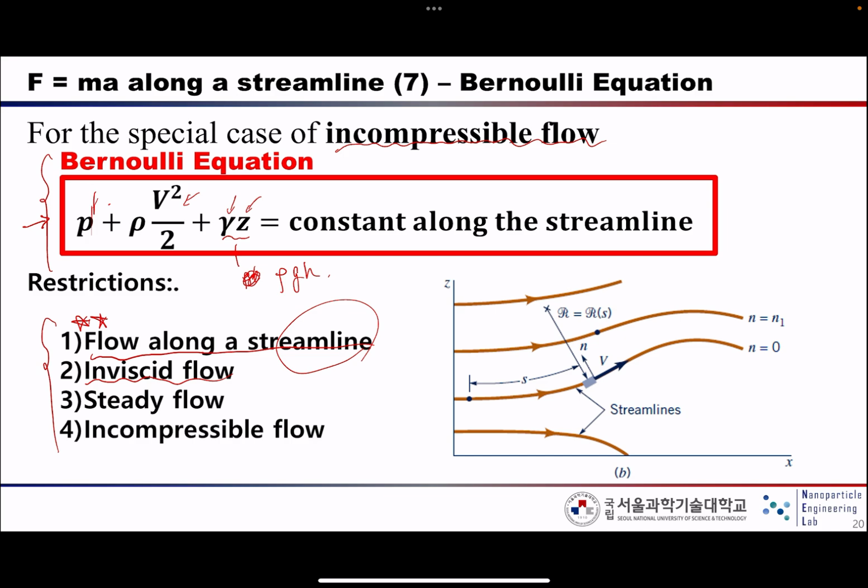It also requires inviscid flow, steady flow, and incompressible flow.